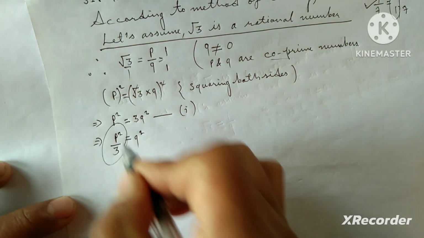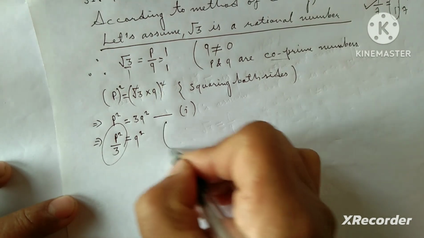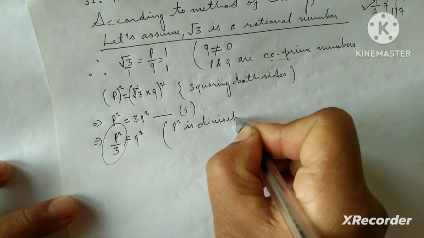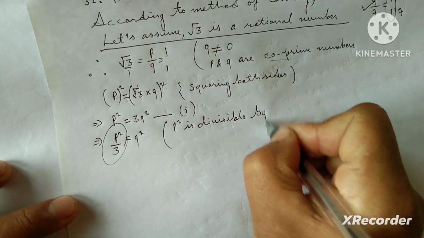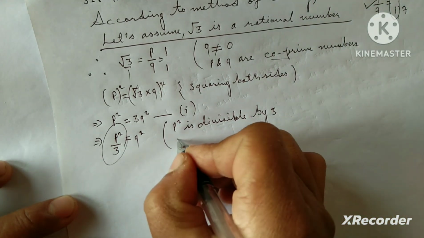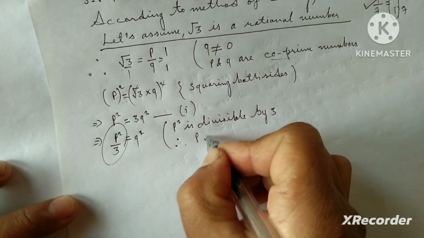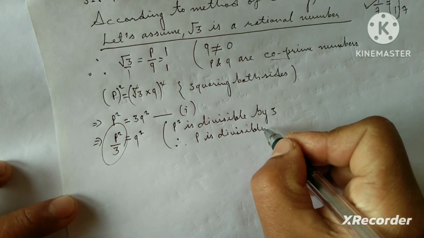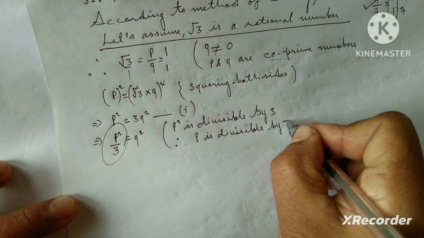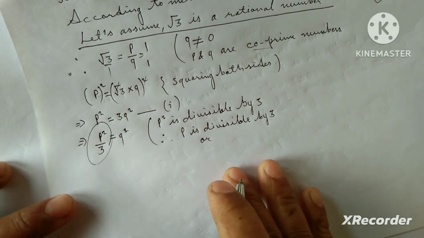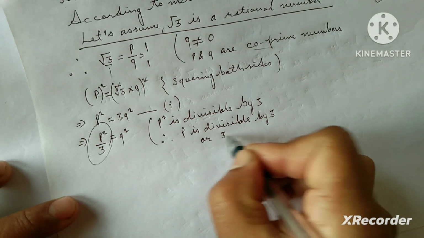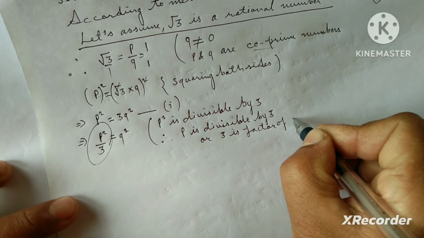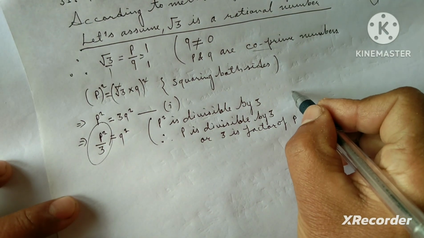Now from this we can write p square is divisible by 3, so p is divisible by 3, or simply 3 is a factor of p, right?